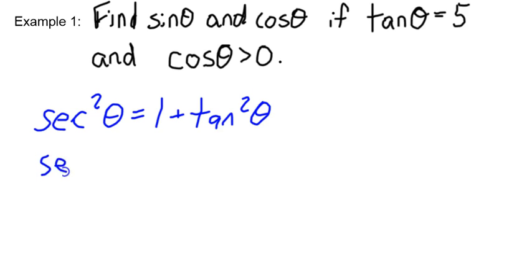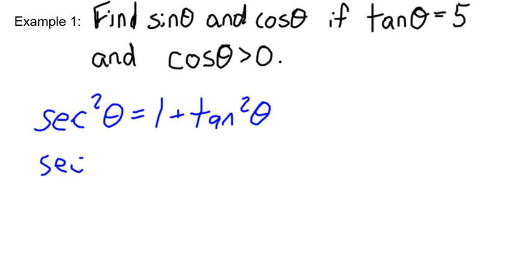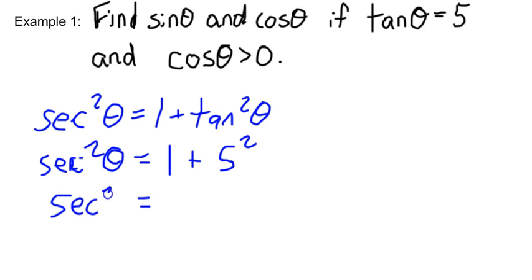So secant squared theta is equal to 1 plus, if tangent of theta is equal to 5, this becomes 1 plus 5 squared. And we know 1 plus 5 squared gives us 26. So secant squared theta is equal to 26. To get secant by itself, I'm going to take the square root of each side.